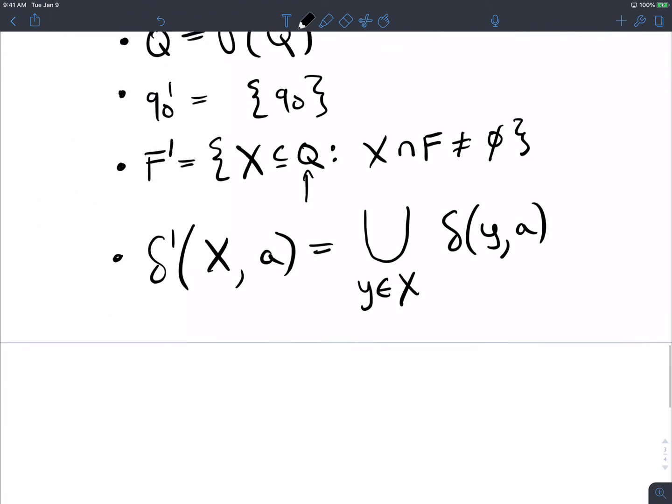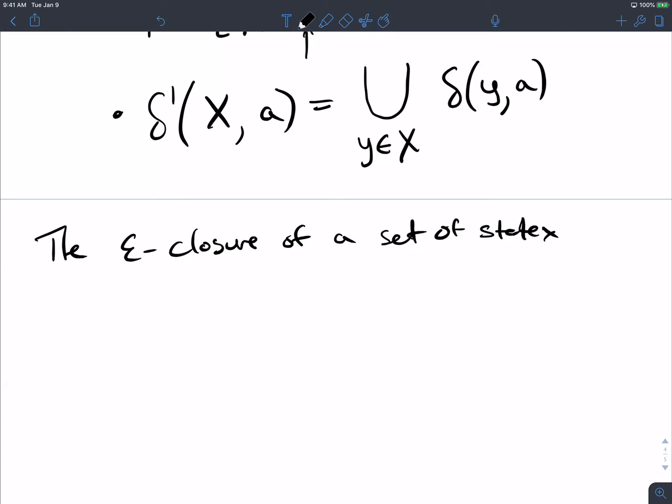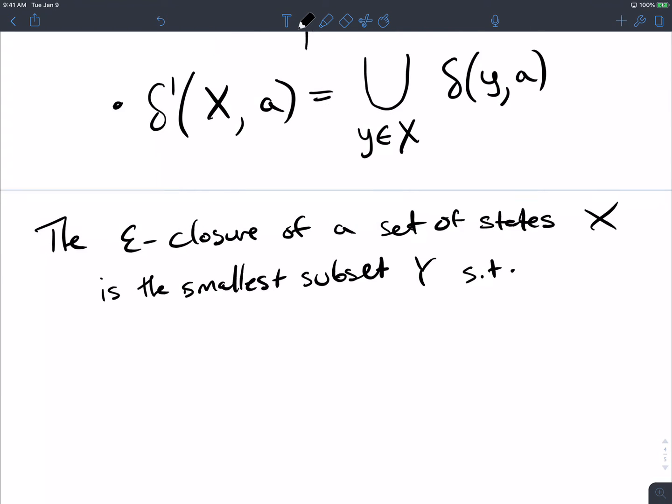So that's what we're going to define right now: the epsilon closure of a set of states X is the smallest subset Y such that the following occurs.